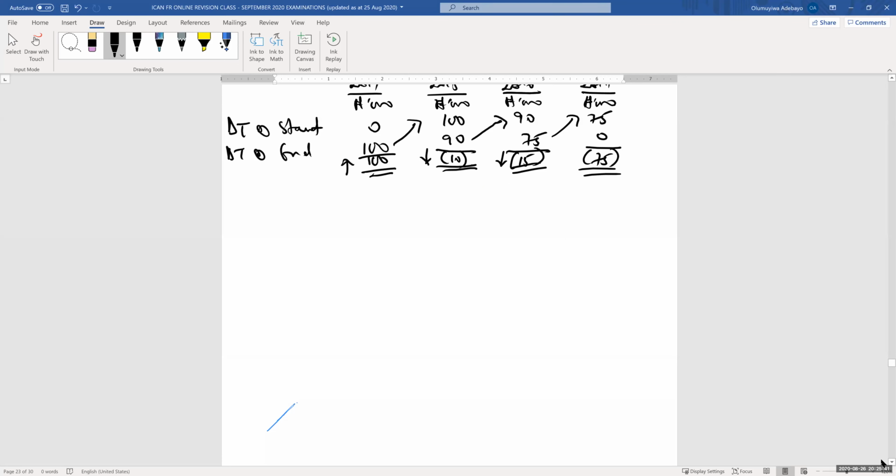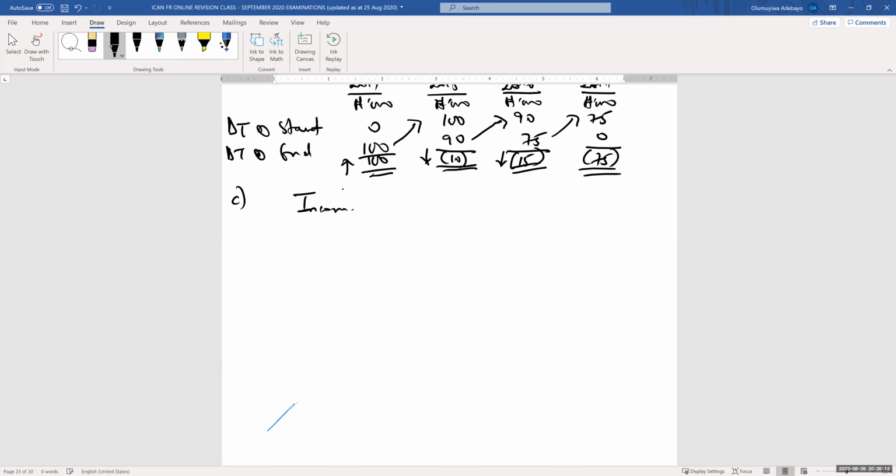Invariably, we can show what is our income tax.